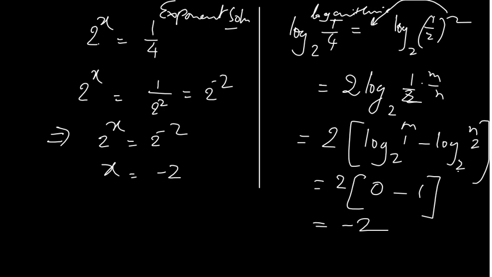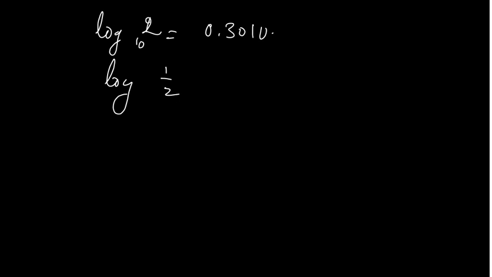Now let me give another question. I still take that log 2 to the base 10 equal to 0.3010. I'll be asking, log 1 by 2 to the base 10 is how much?